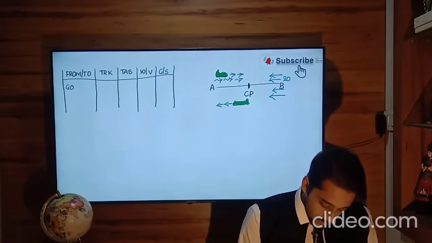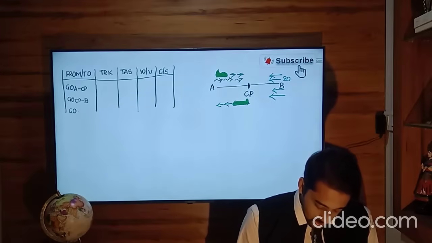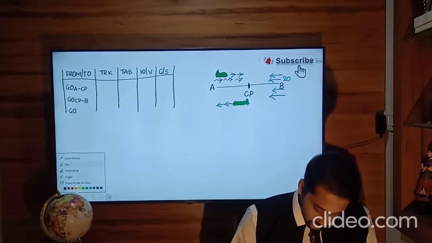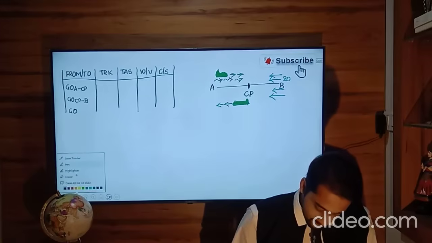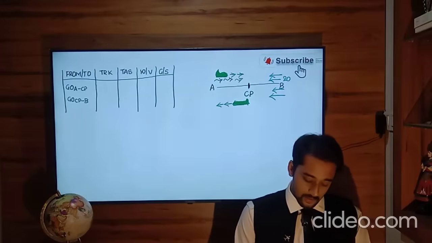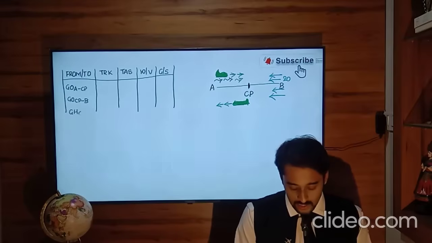So ground speed outbound from A to CP, ground speed outbound from CP to B, and ground speed homebound from CP to A.